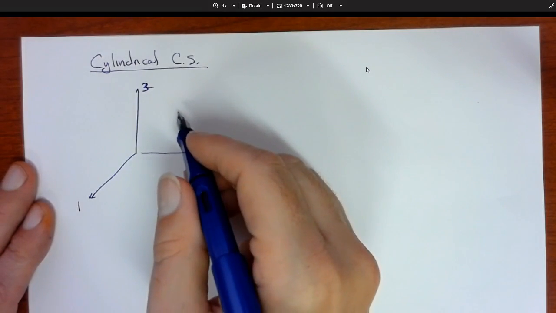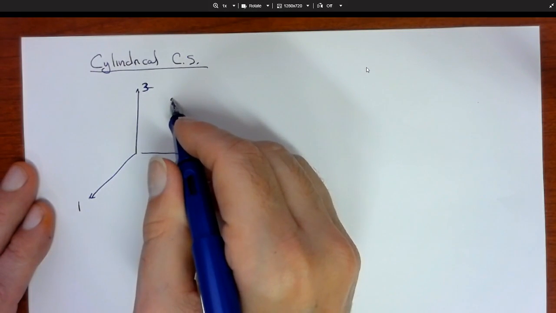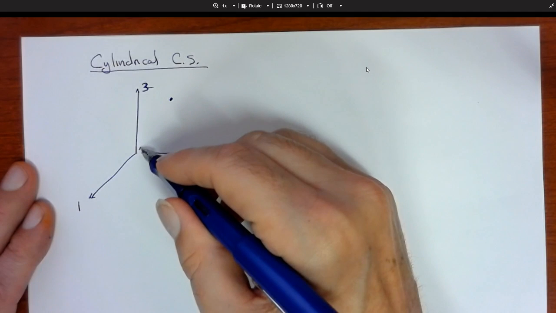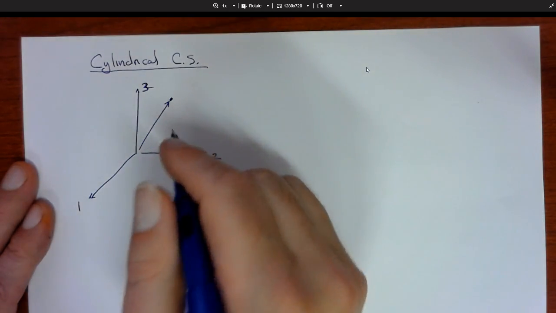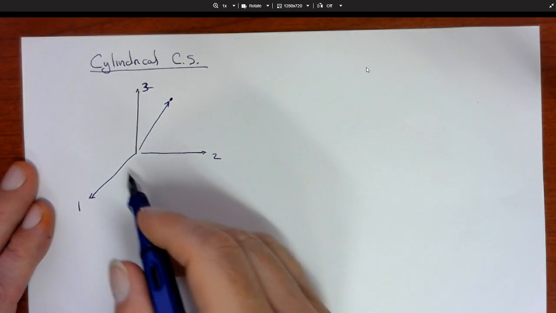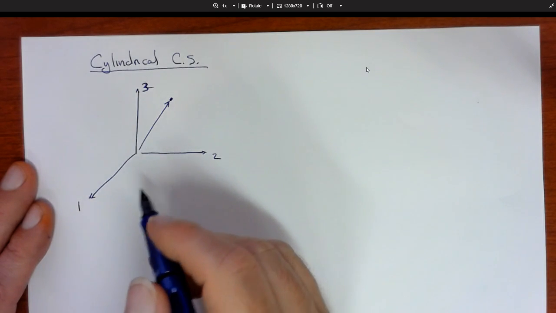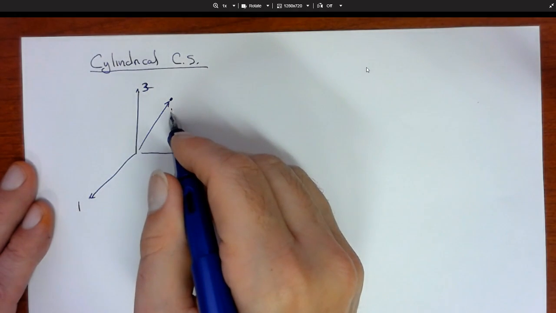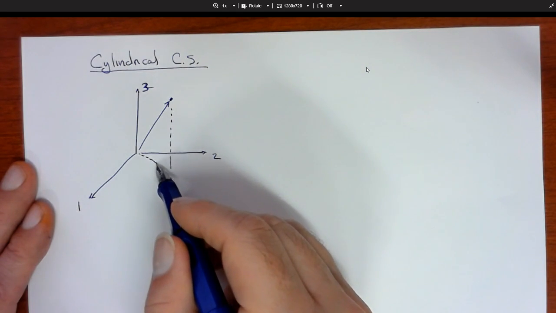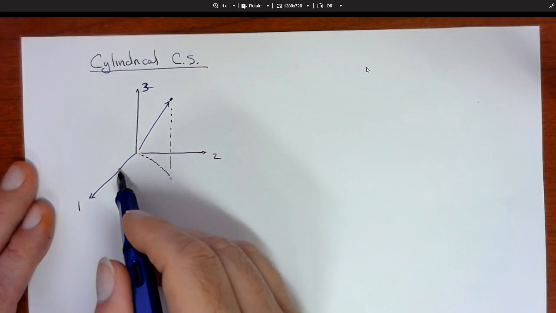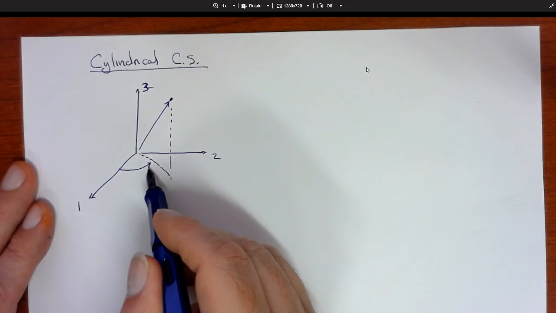If we had a position vector, a point in space, instead of using the E1, E2, and E3 unit vectors, we're going to define a different set of coordinates. And you've seen this, obviously.